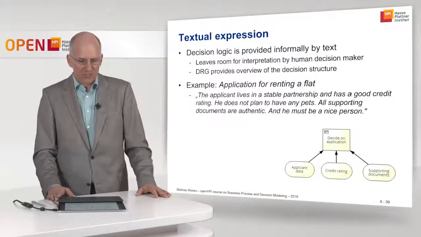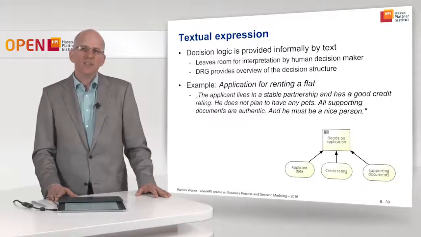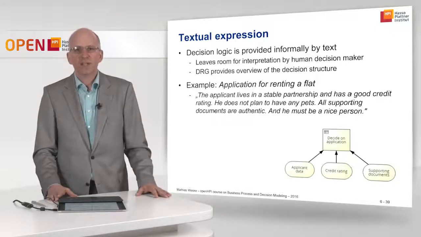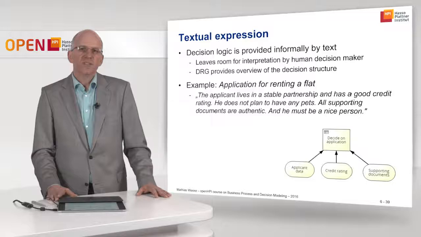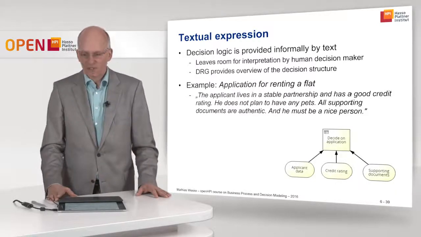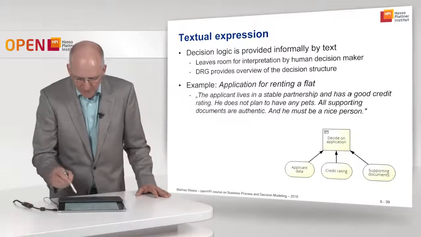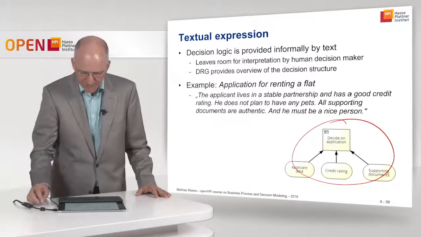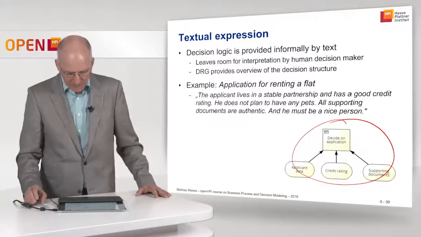First, look at the textual expression. So the decision logic is provided informally by text. This actually leaves a lot of room for interpretation by the human decision maker. Still, the decision requirements diagram provides an overview of the decision structure. So here we see the decision requirements diagram on the right-hand side, where we decide on application.